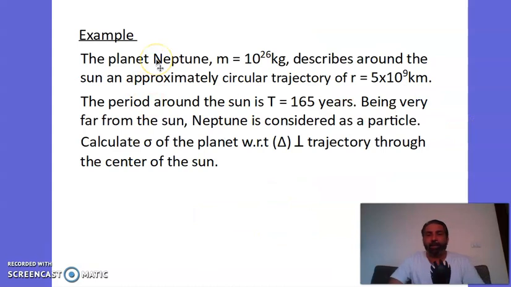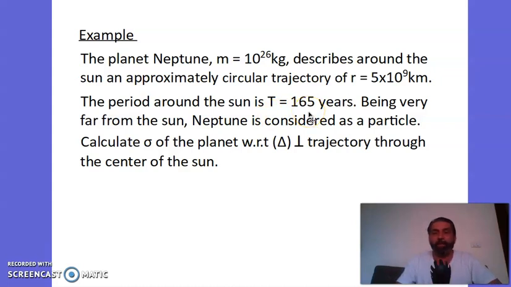Okay, let's solve an example quickly. Let's apply this rule. We have in this example the planet Neptune describing around the sun an approximately circular trajectory of radius 5 times 10 to the power 9 kilometer. The period around the sun is 165 years, meaning each revolution of Neptune around the sun is equal to 165 years on Earth.